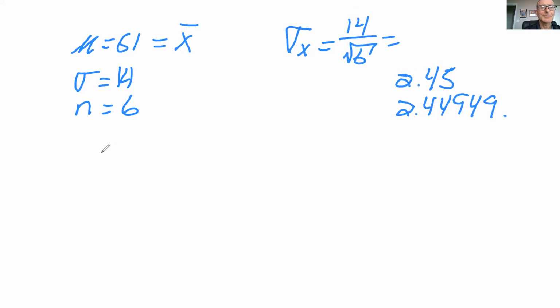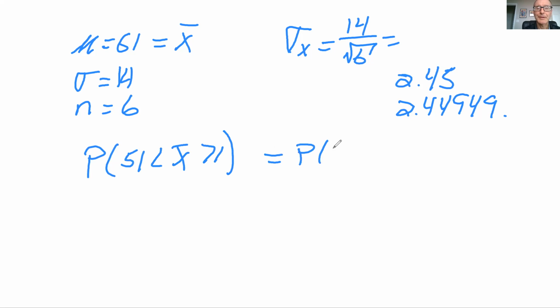And so the question is, find the probability between 51 and 71. So that would be the probability of the mean being less than 71 minus the probability of the mean being less than 51.